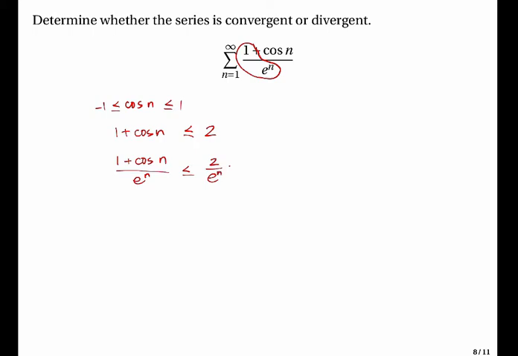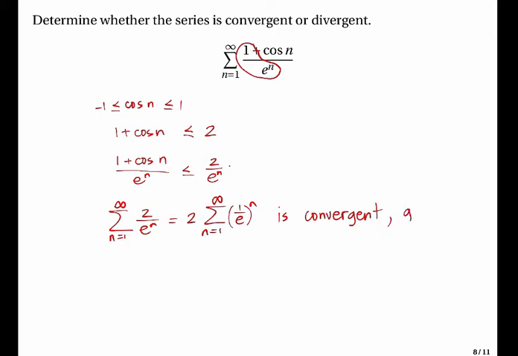Okay? But we know the series 2 over e to the n, from 1 up to infinity, let's just rewrite this as 2 times the series from 1 up to plus infinity of 1 over e to the n. We know that this is convergent because it is a geometric series, okay, with r equal to 1 over e, and 1 over e is less than 1.